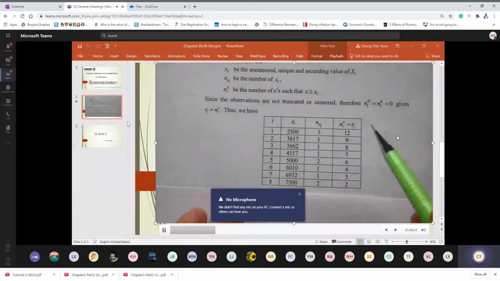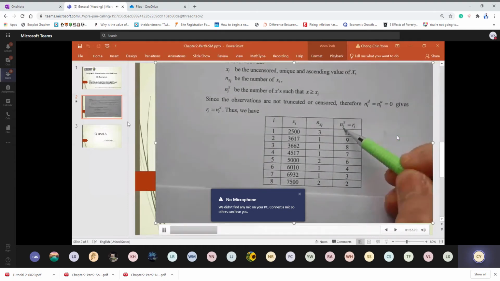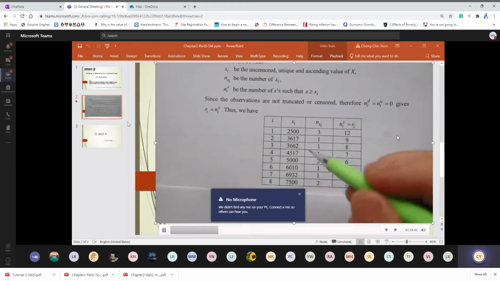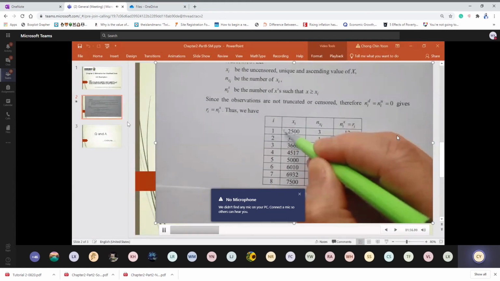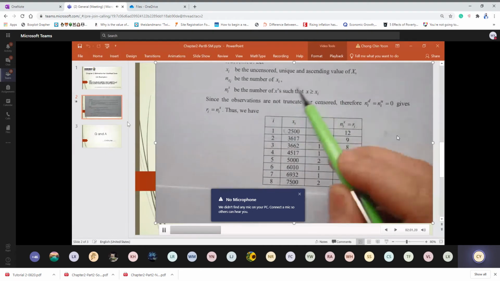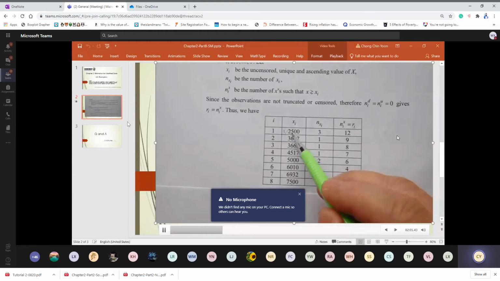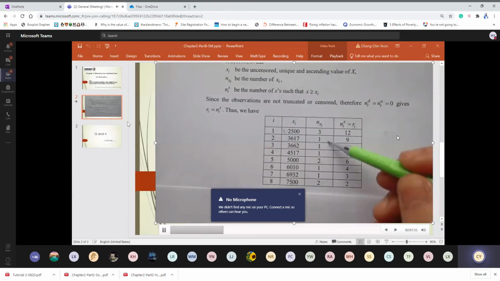Now we try to count the conditional n_x_i. First we choose our x1 as 2005. Under this condition, how many x values are more than or equal to 2005? Of course, all. That is 12.